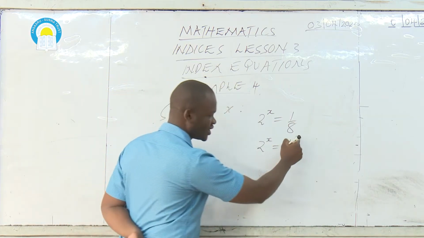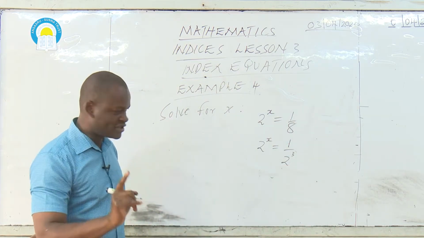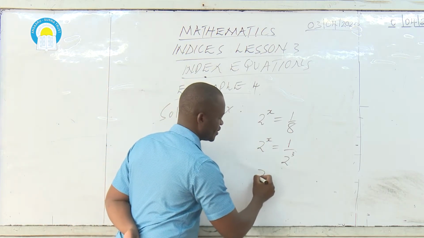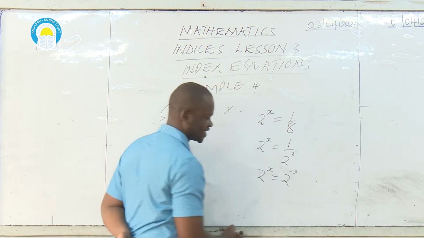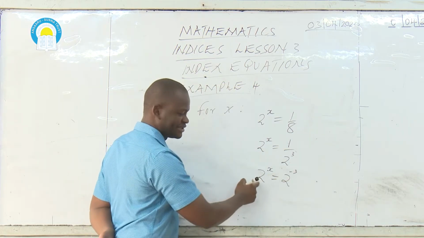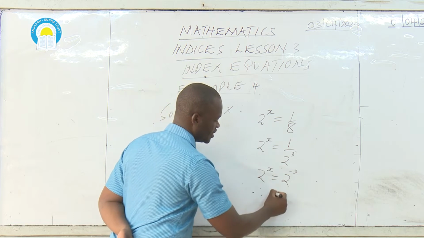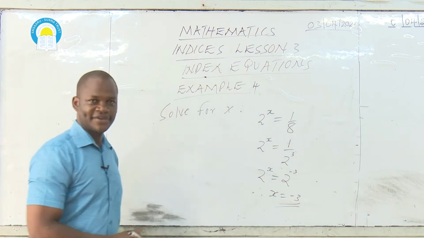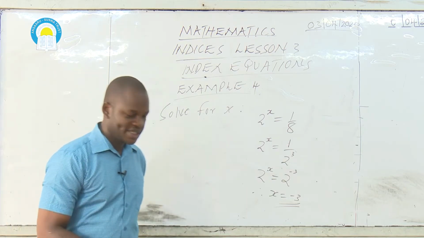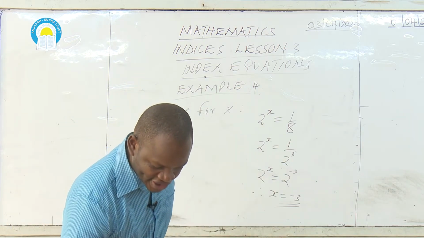Then, recalling the negative index law, 2 power x will be the same as 2 power negative 3. Having similar bases, equate the powers, meaning eventually x will be negative 3.